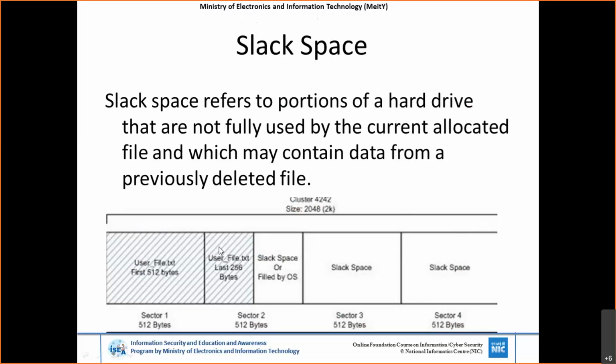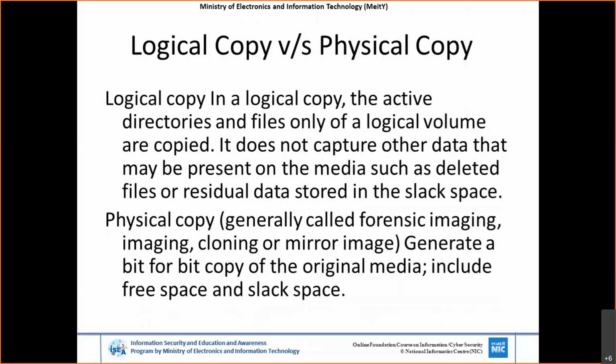If it is KBs, it can be used very well. To identify this space, you need certain mechanisms of copying your hard disk. If you copy the hard disk normally, it is not visible, so you have to consider that there is slack space in the hard disk.